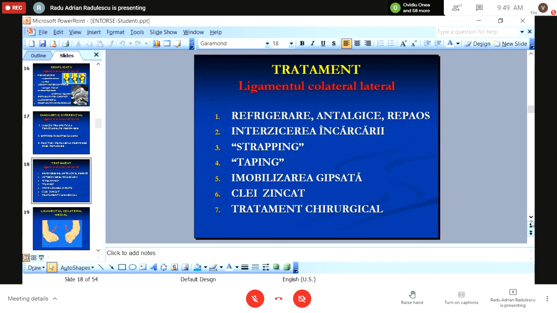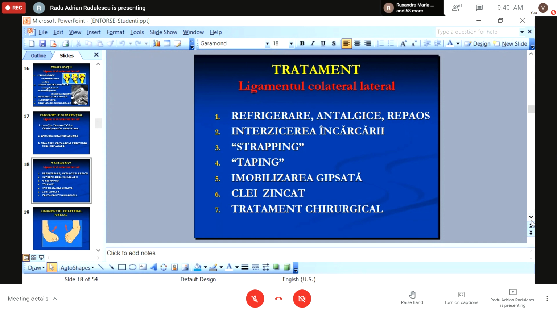This is a sort of U-shaped bandage which comes from the lateral aspect of the distal leg, then goes beneath the heel and mounts on the medial aspect of the leg. It is an adhesive bandage in the shape of a U, in the frontal plane, which supports both lateral collateral ligaments.